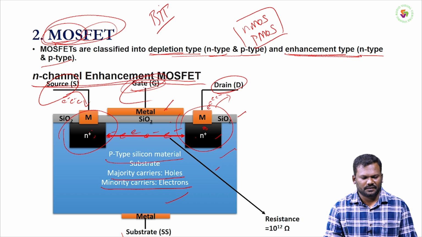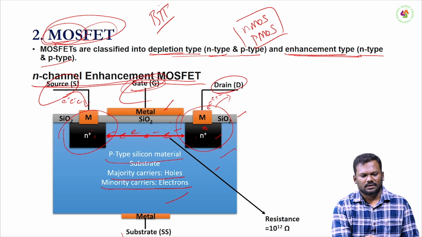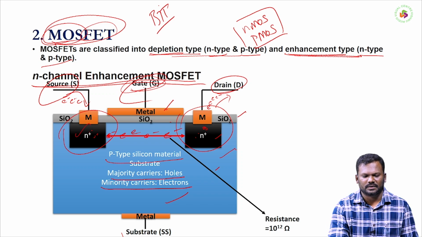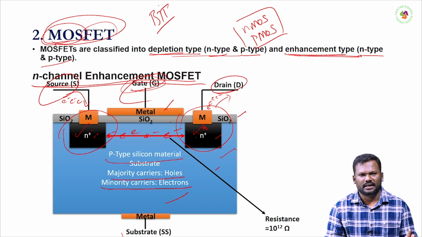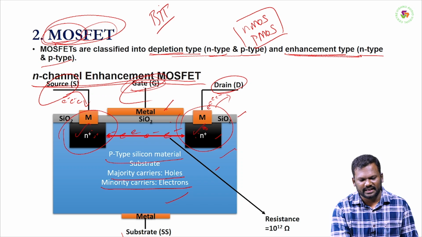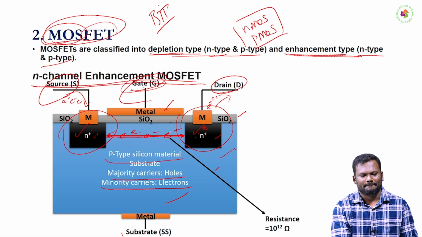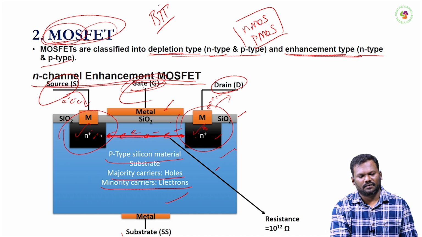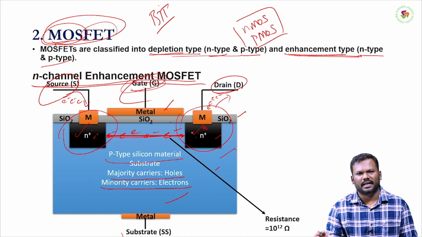I said that electrons flow from the source region to the drain region, but if you see, there is no direct connection between the source region and the drain region. So in such a case, the electrons do not flow from source to drain.